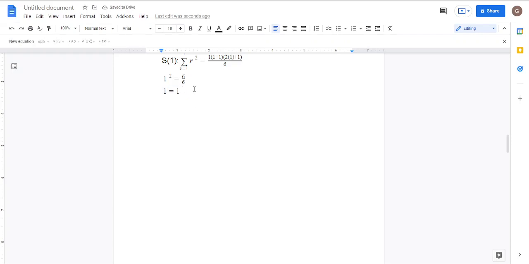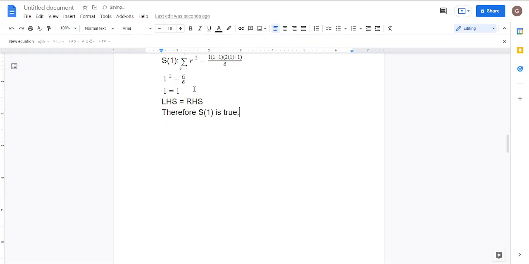Okay, so we have shown that the left hand side, LHS, is equal to the right hand side, RHS. So that means, therefore, S of 1, which is what we just did, the base case, is true.